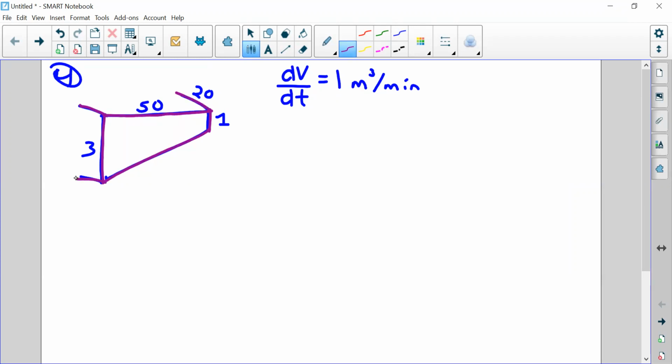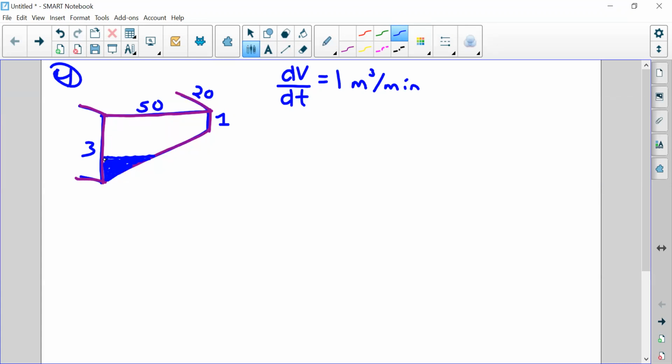Okay. And so let's say I'm filling this pool, and at one point in time, let's say it's up to here. We have a water level at this height. I'm only going to shade in this one side, but you understand it is filling up on that side as it goes. And so we want to figure out the rate at which the water height is changing.